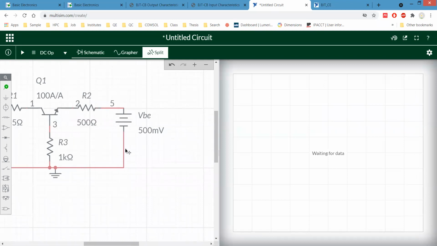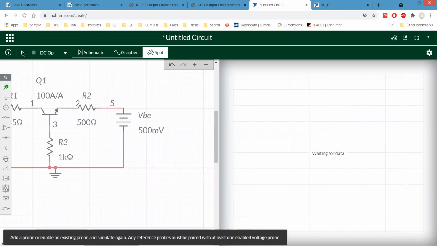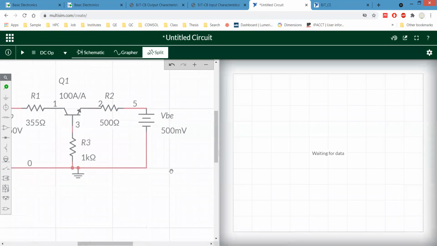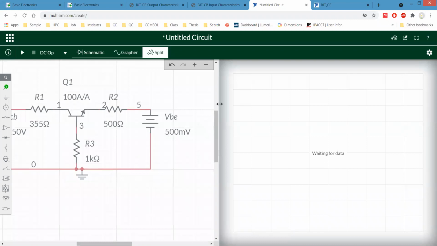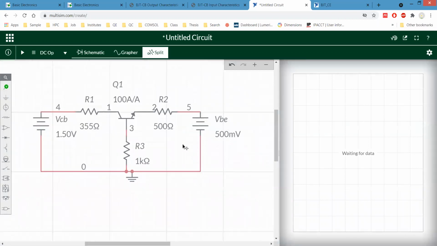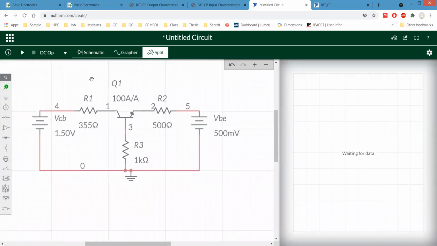So DC operating point. Now let's run the circuit. Oh, sorry, we have not added any probe. We are supposed to add a probe. What do we want to measure? First of all, we need the voltage VCB. These things we need, and also we need VBE.